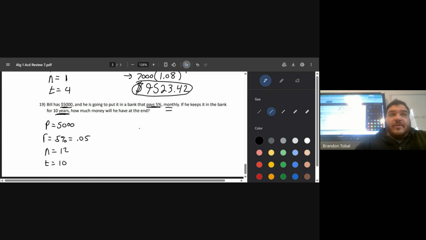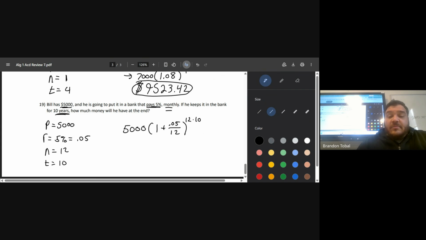No, I'm not giving you the formula for this. So 5,000, parenthesis, 1 plus 0.05 over 12, close parenthesis, to the power of 12 times 10. I'm just going to type that in the calculator because I think this is going to be a weird decimal.